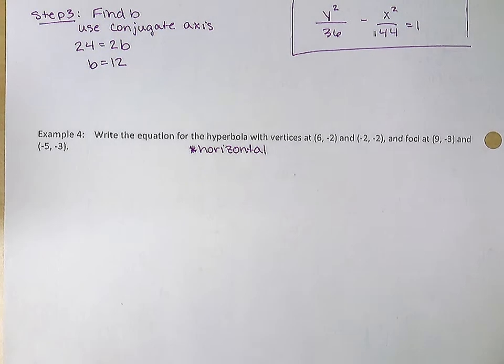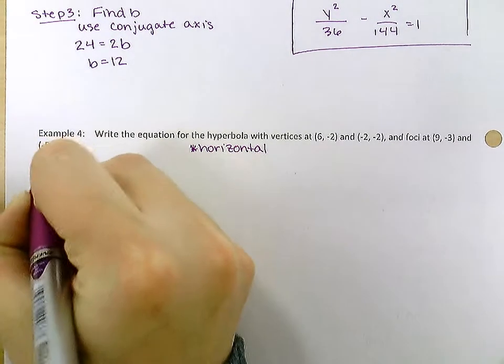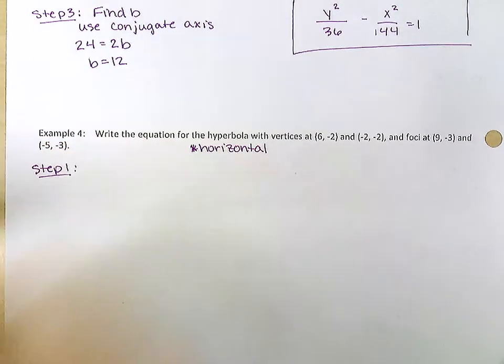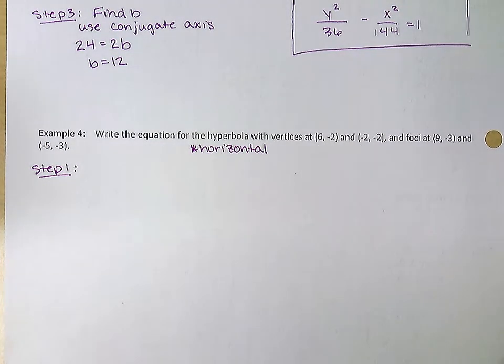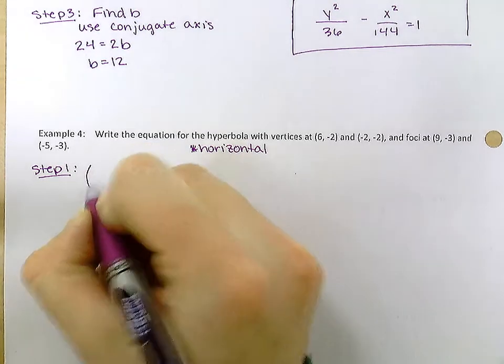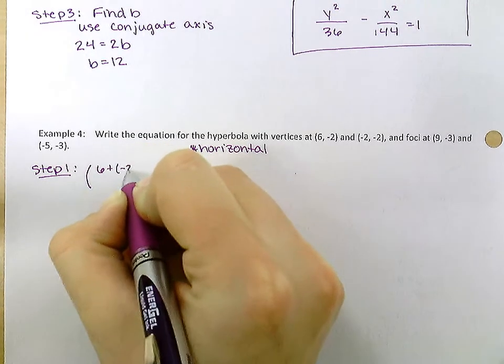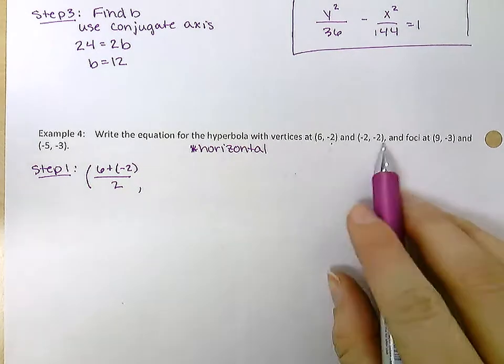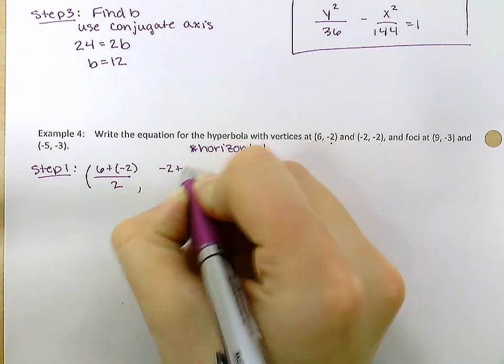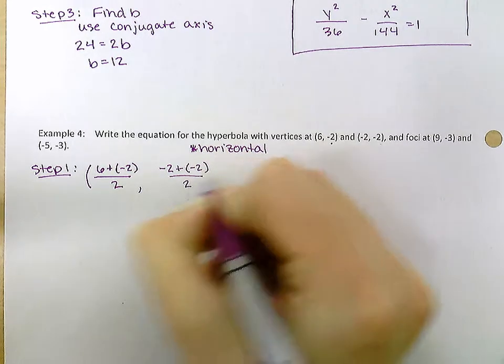Okay, so next we're just doing the same process we did before. So we'll find our center. We'll average our x's from our two vertices. So we have 6 plus -2 over 2. And then our y's is -2 plus -2 over 2.